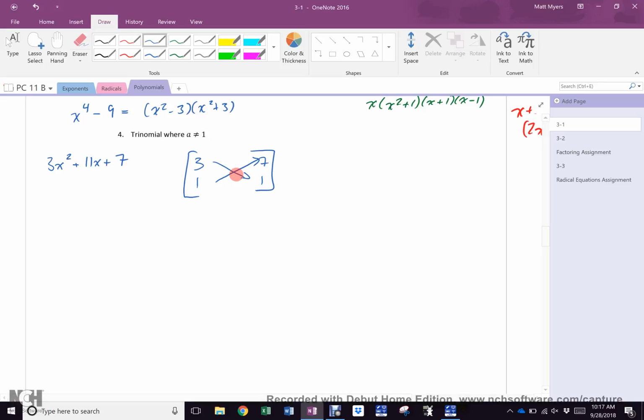Because here it's easy. Because 3 can only be 3 and 1. And 7 can only be 7 and 1, right? But it could be 1 and 3 and 1 and 7. You have to try all these different combinations to see which one works. Kind of like if you're doing a jigsaw puzzle and you turned all the pieces over so you could only see the back of it.